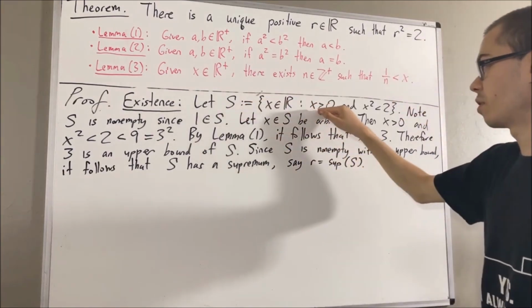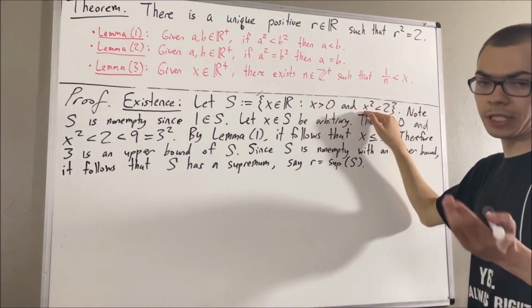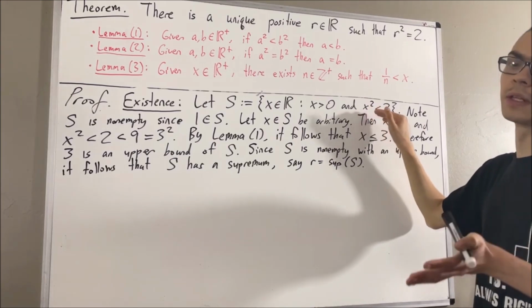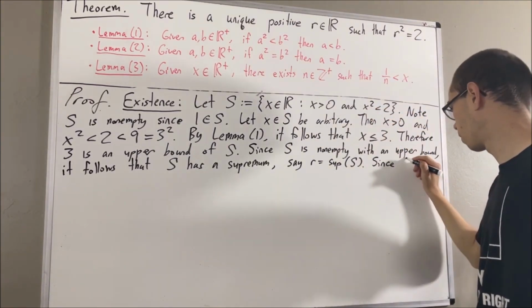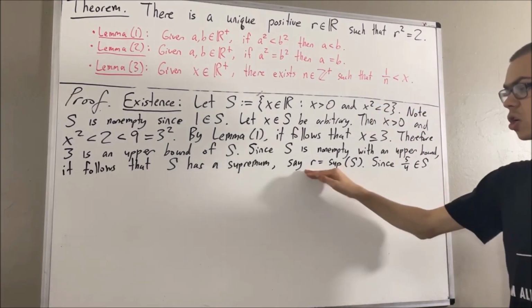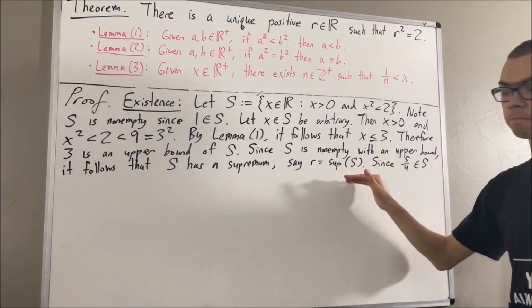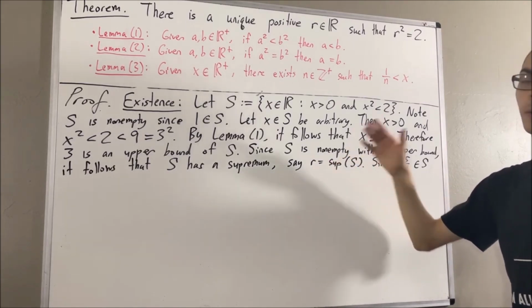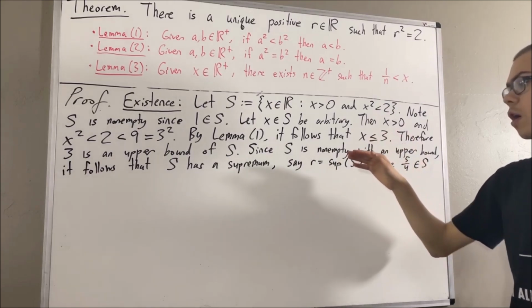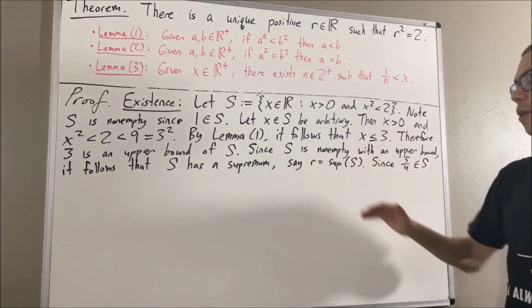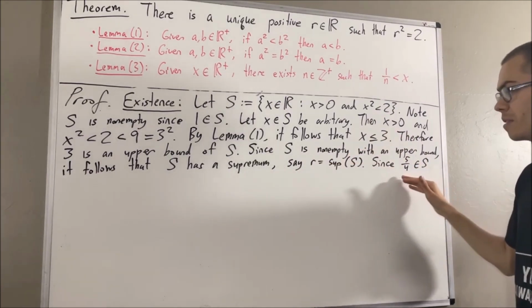Because 5/4 is greater than 0, and you can easily show that 5/4 squared is less than 2. And because R is the least upper bound of S, of course, R is an upper bound of S. So every element of S is less than or equal to R. So in particular, 5/4 is less than or equal to R.